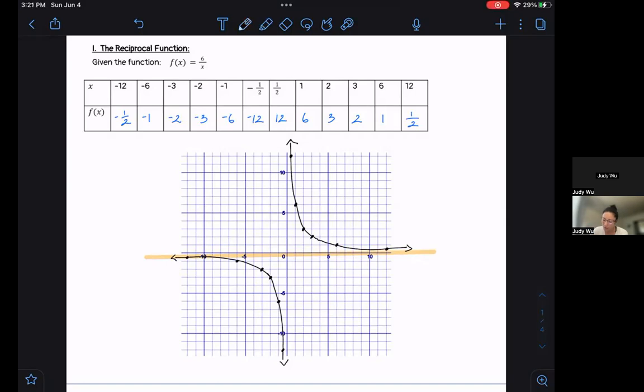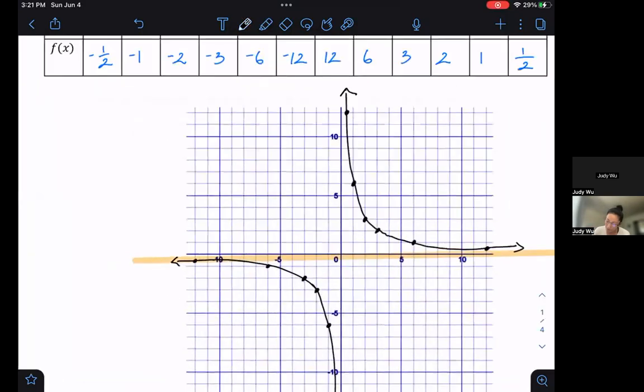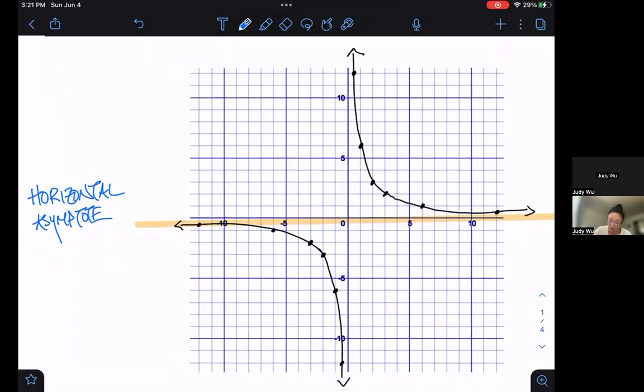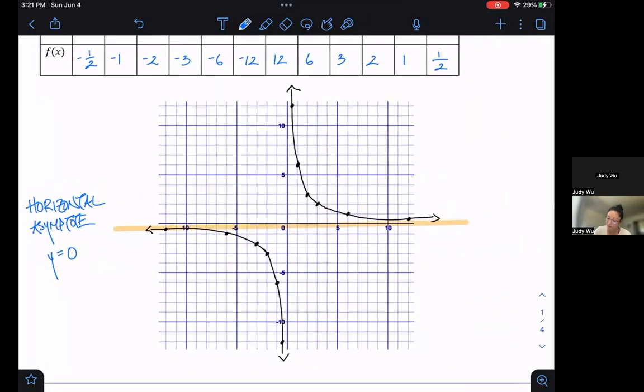There's a horizontal one. And in fact, we call this a horizontal asymptote. And the equation for this particular asymptote is y equals 0, because every single point along this line has a y value of 0.